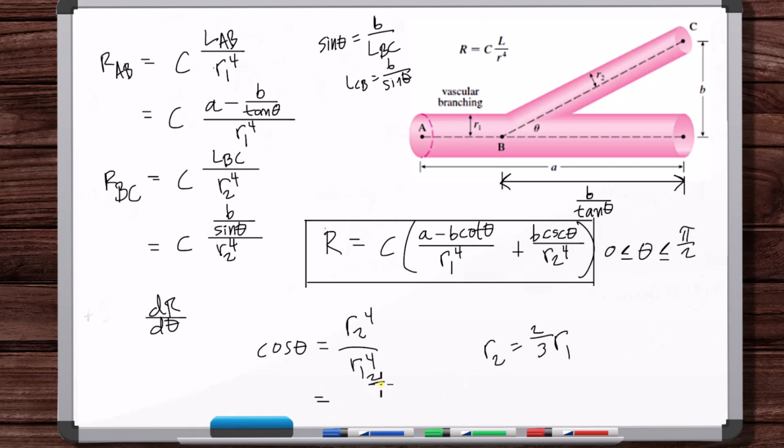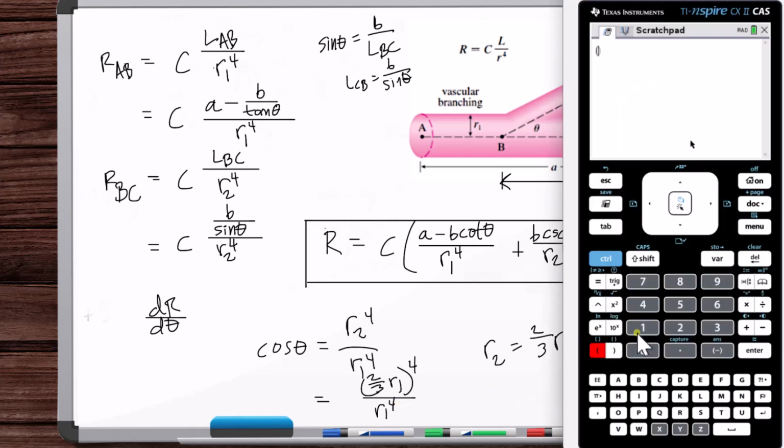So, okay. R2 is 2/3 R1, to the 4th over R1 to the 4th. So 2/3 to the 4th. And then the R1 to the 4ths cancel, so 0.198.